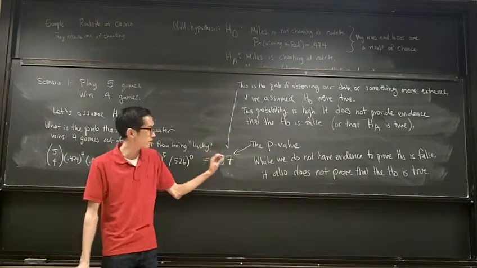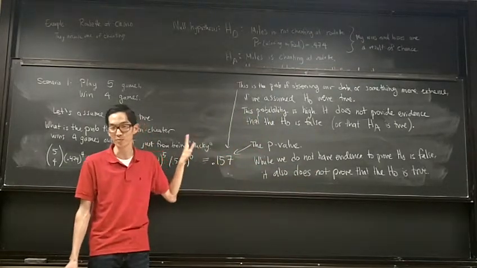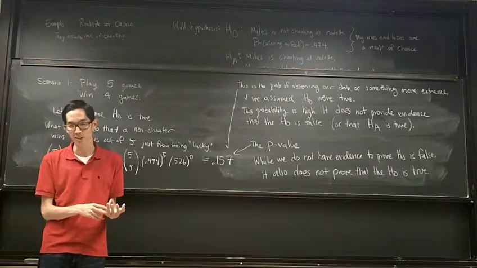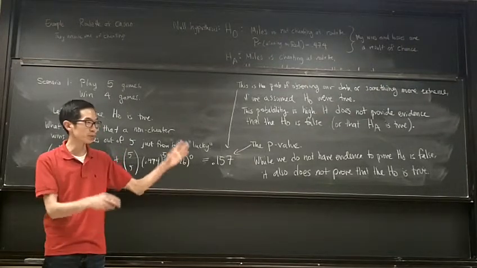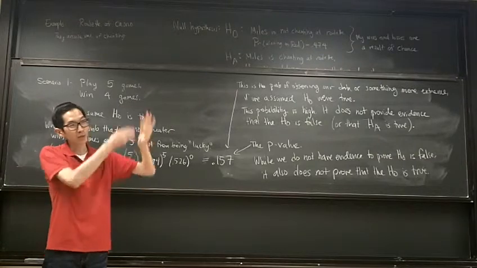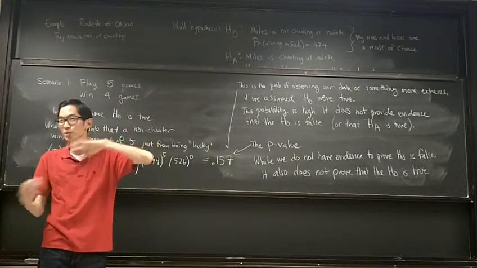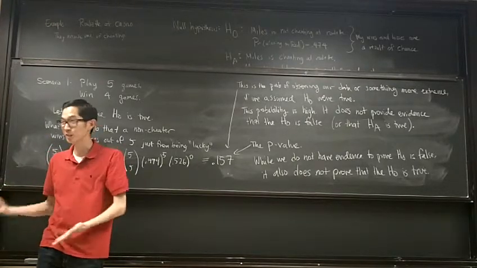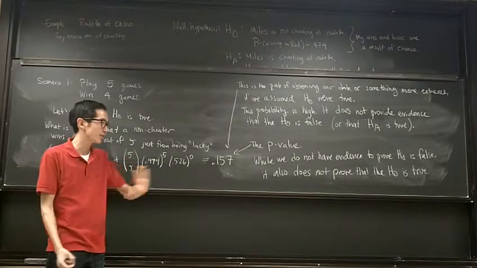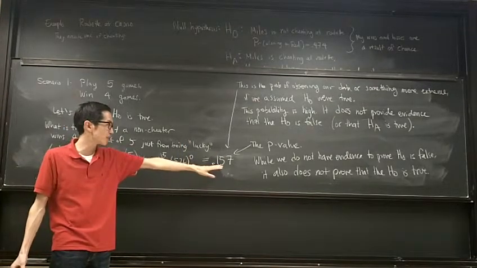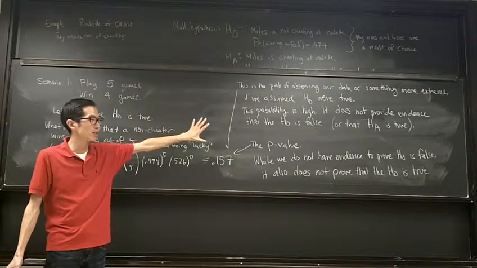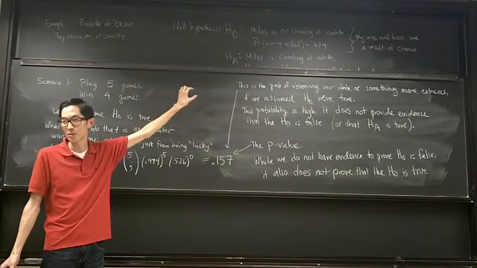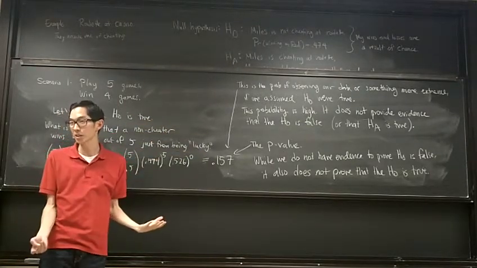Set up like this, it seems pretty clear that it doesn't prove that I'm not cheating either. But somehow, in a lot of research articles, or when somebody reads a published research article and writes a summary on a news website or blog, a lot of times they will incorrectly say that because we didn't reject the null hypothesis, because the null hypothesis wasn't proven false, the null hypothesis is true.